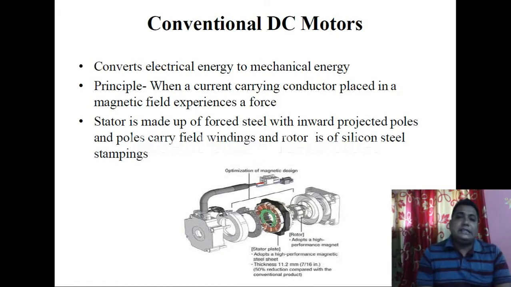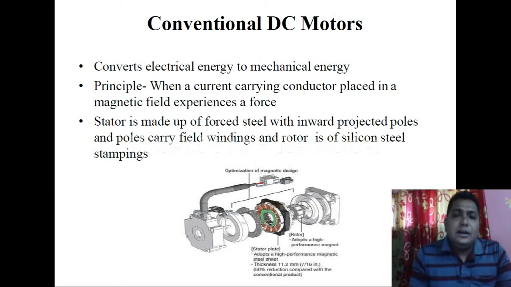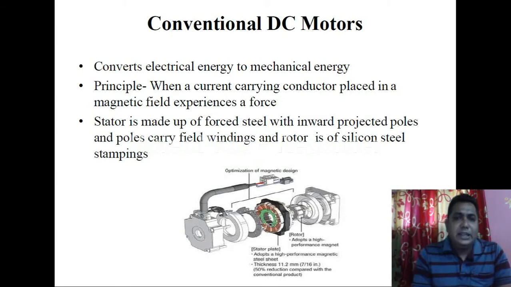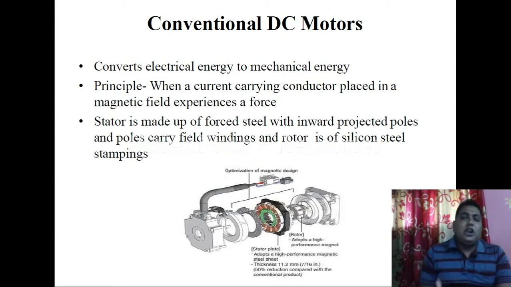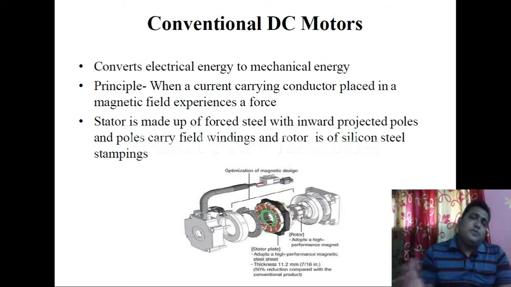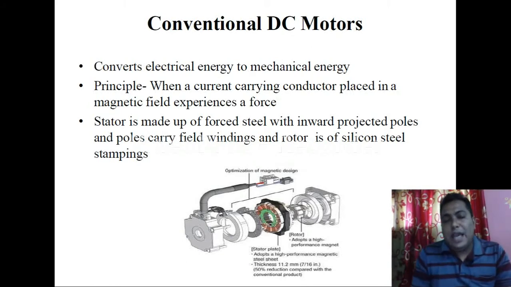Over the stator slots we have the field winding, and inside that there is a rotating part known as the rotor, where we have the armature winding, placed in the armature slots, between two armature slots. So this is all about the basic DC motors we use in our daily life.